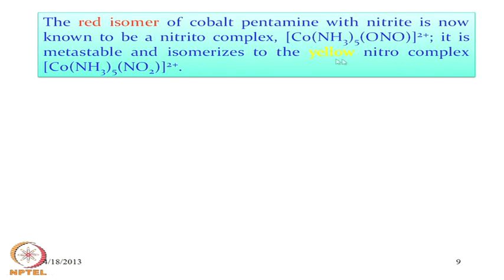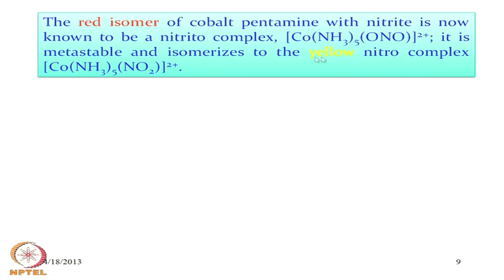When it is bound through oxygen, it is metastable and it can isomerize to the yellow version, the nitro complex, where the nitrogen is bound to the cobalt center through nitrogen. So, the colors of these two compounds differ: one is the red isomer and the other is the yellow isomer.